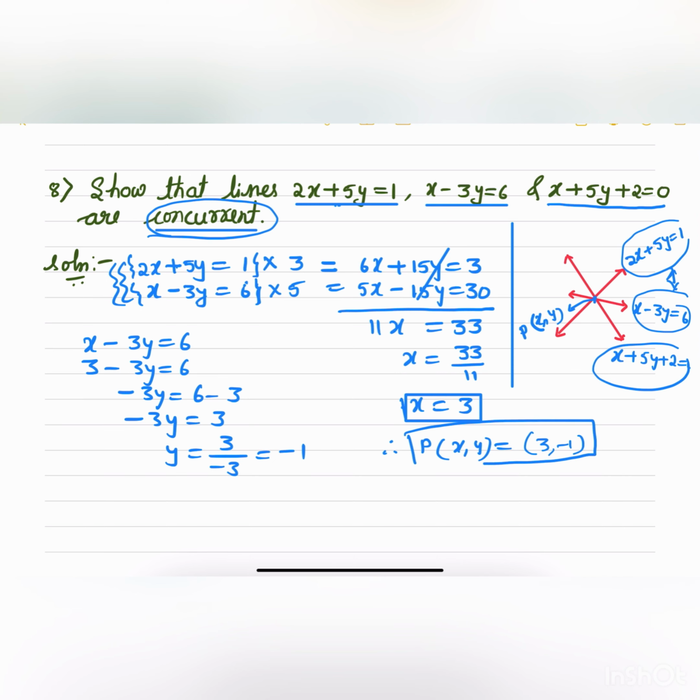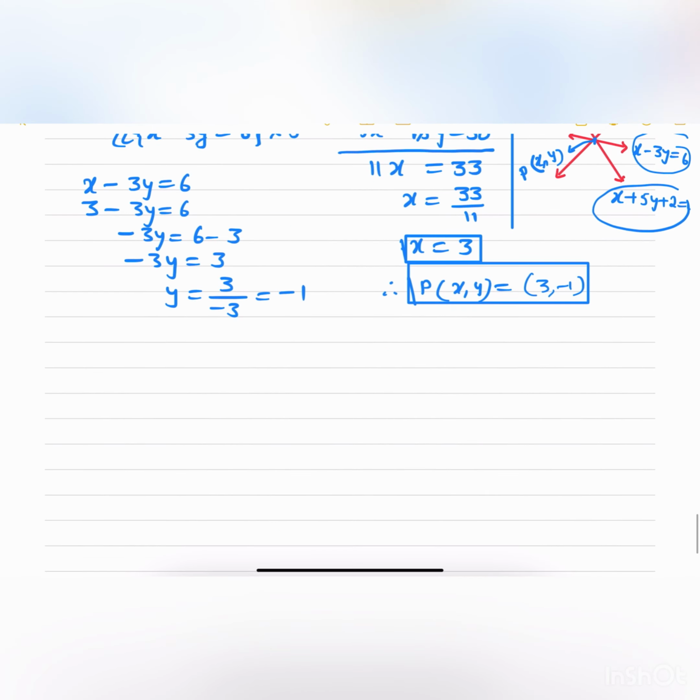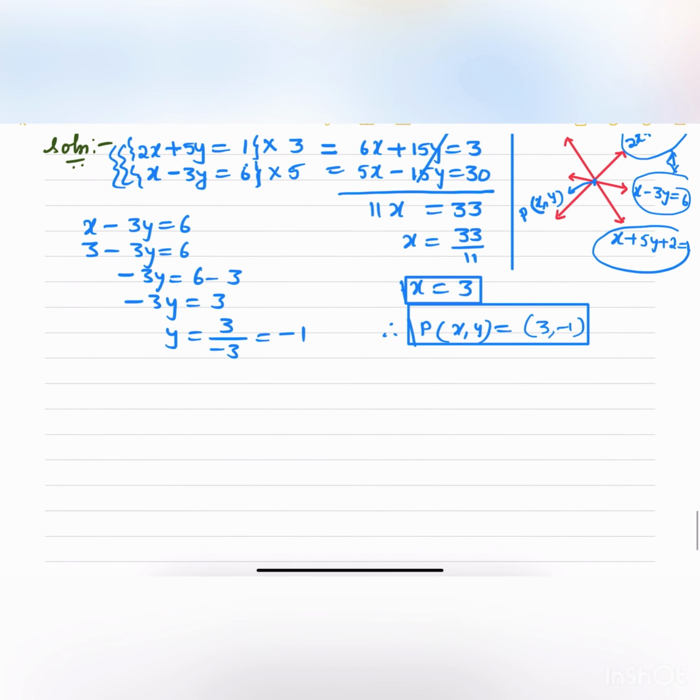Let us check for the next two equations. I will take this x minus 3y is equal to 6 and the x plus 5y. Let me take the second pair. It is x minus 3y is equal to 6, and the other equation is x plus 5y is equal to minus 2. Now let me subtract these two equations so that we have 1x and 1x.